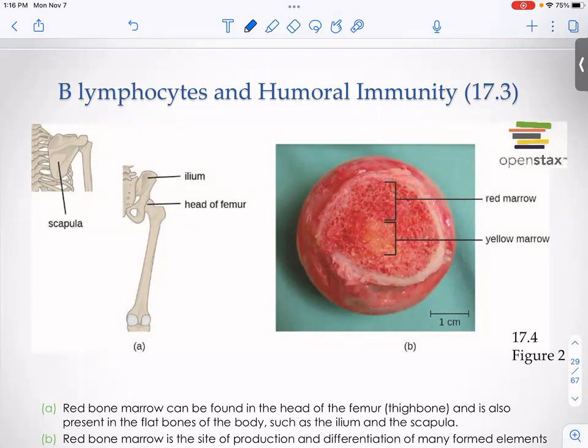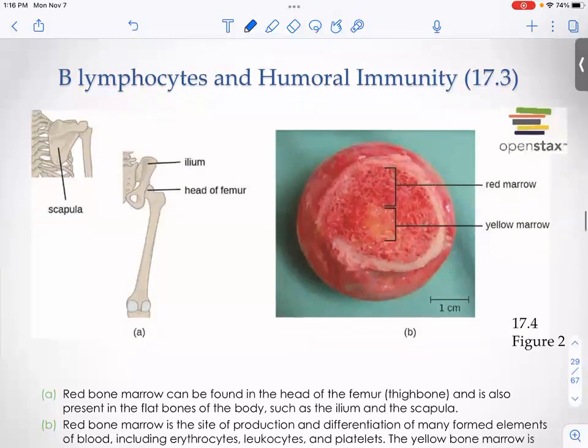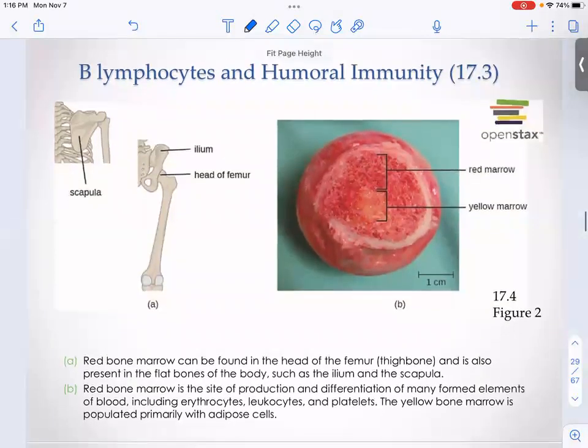We talked about hematopoiesis of different kinds of formed elements in the blood. As we zero in on B lymphocytes here, let's talk about where they come from. B lymphocytes and T lymphocytes as well, actually. So we'll write that here. B and T cells are going to be formed in the red bone marrow.